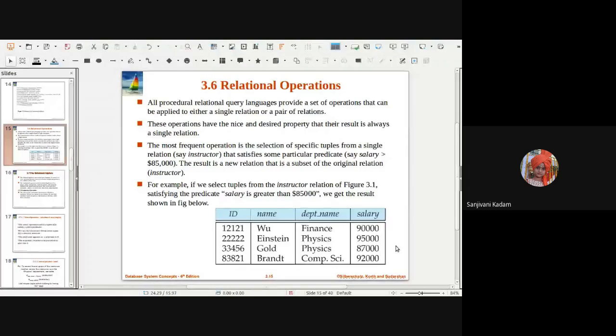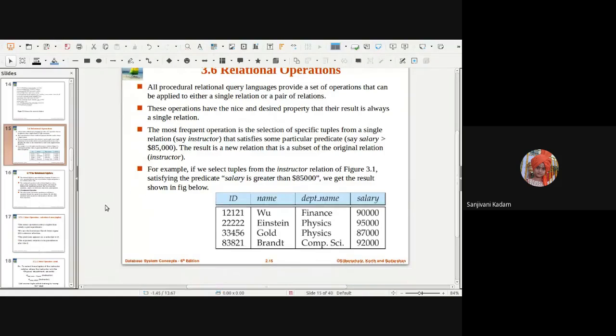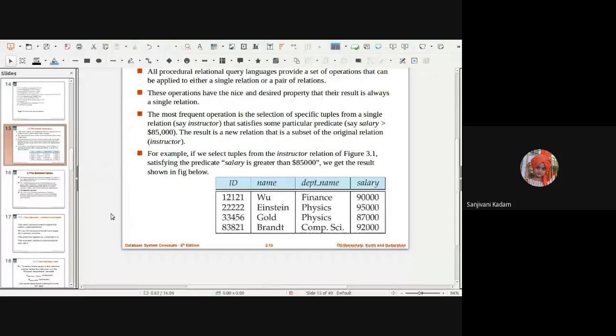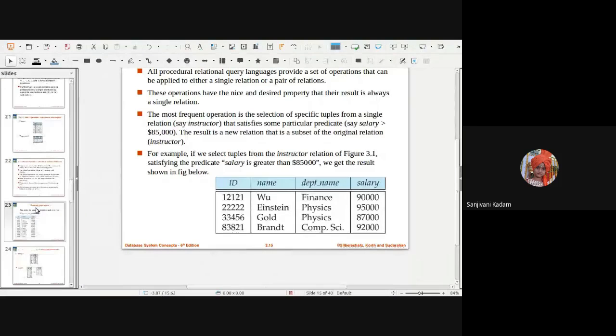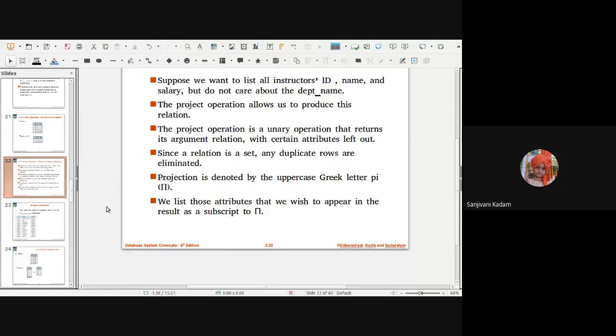If I give the query that salary should be greater than 85,000, I only want the instructor's name to be displayed, not other attributes. Or I want to display ID, name, and salary, and right now I'm not interested in displaying the department name of that instructor. So other details may not be required whenever I'm firing the query. For this purpose, we are using the project operation.